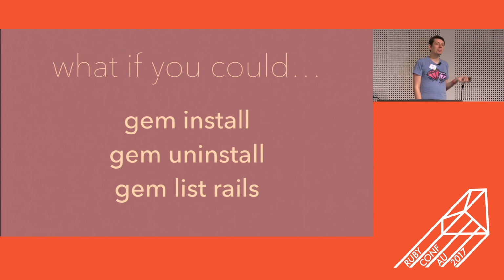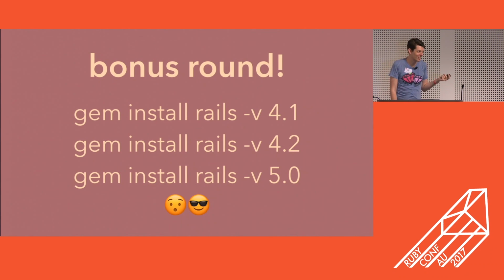But RubyGems came with another really, really significant feature, which is the idea of versions. And so you could install more than one version of the same library and tell RubyGems which version you wanted and get that version rather than whatever the newest was.